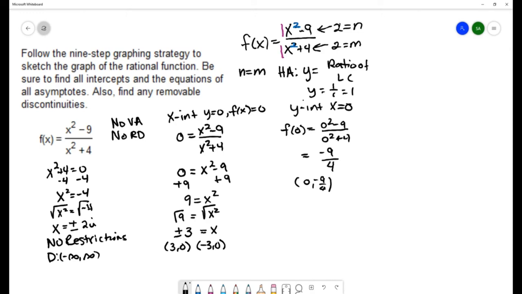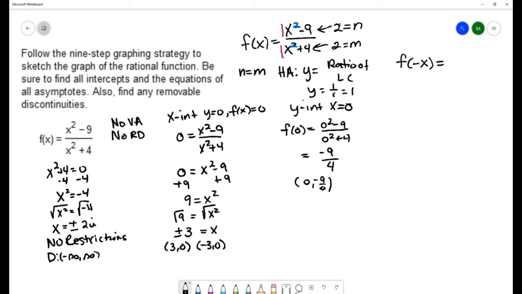One more thing that might be helpful is to talk about symmetry. We can decide whether this graph will have y-axis symmetry, origin symmetry, or no symmetry at all by calculating f of negative x.